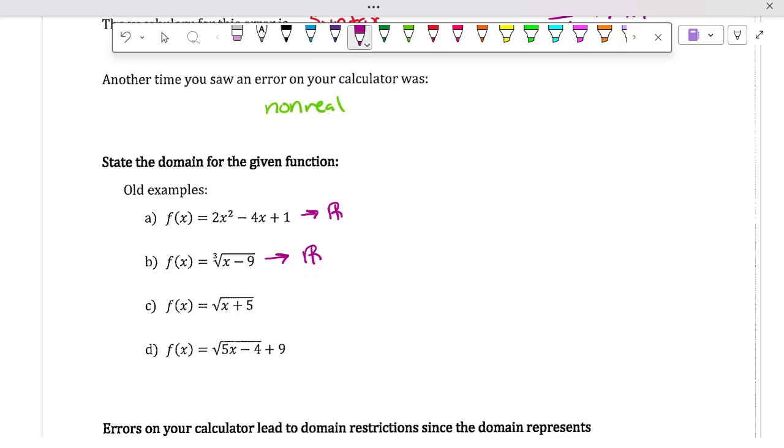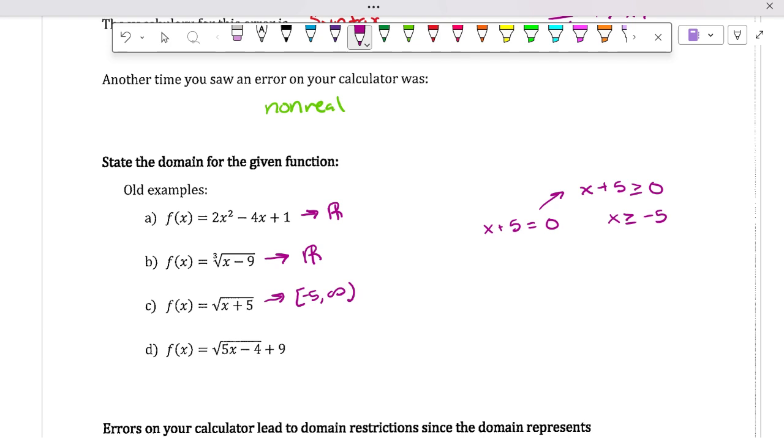All right, C, we've got to do some legwork, so think carefully. How do I find it first off? Set x plus 5 greater than or equal to 0. Solve. x is greater than or equal to -5. So it'd be -5 to infinity.